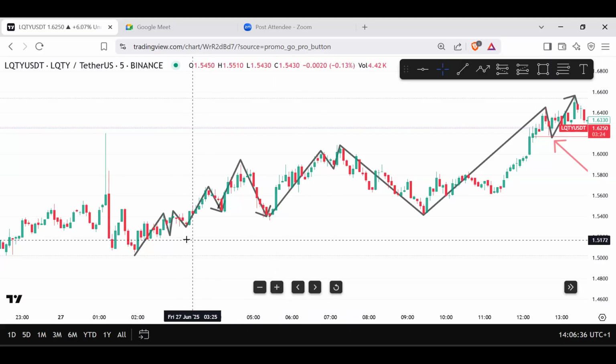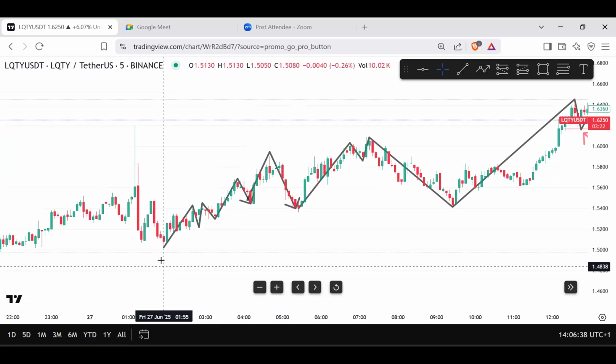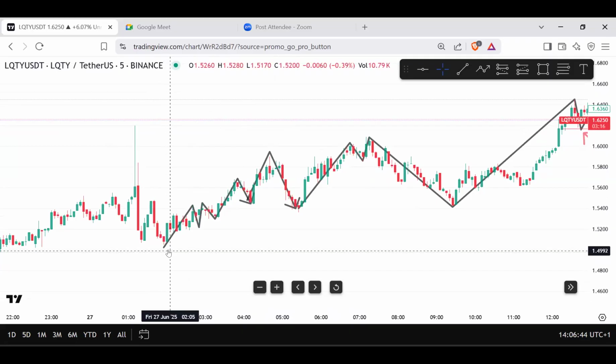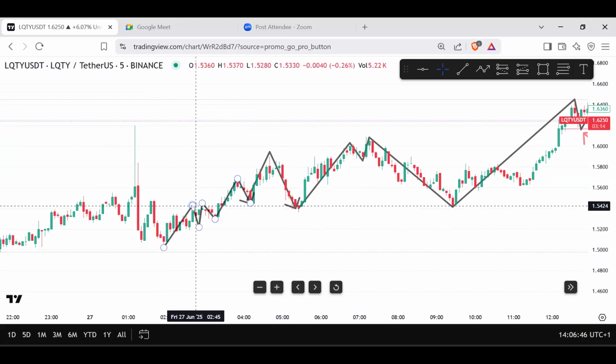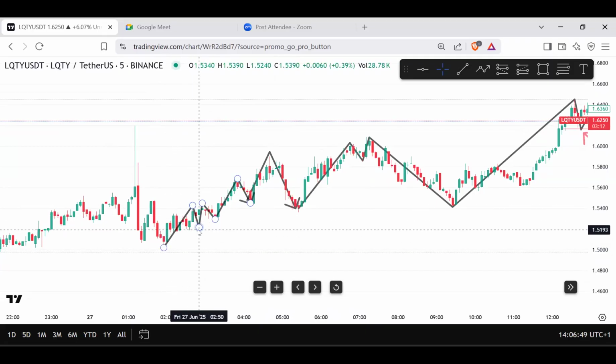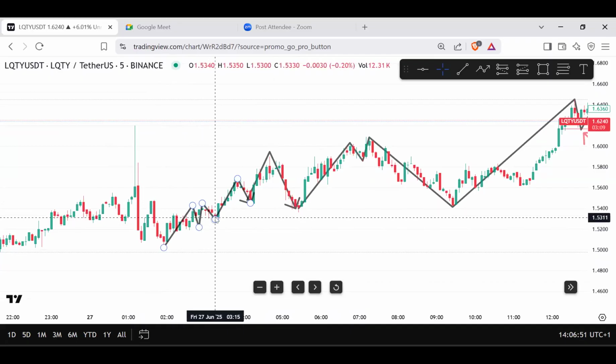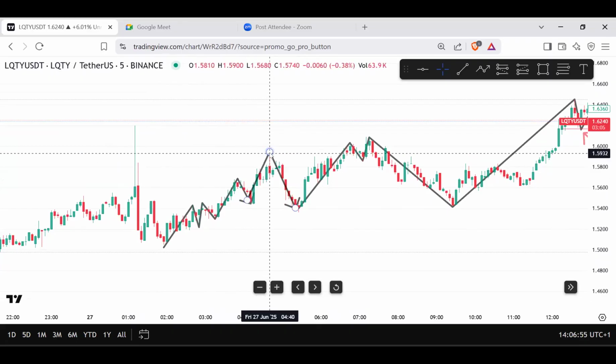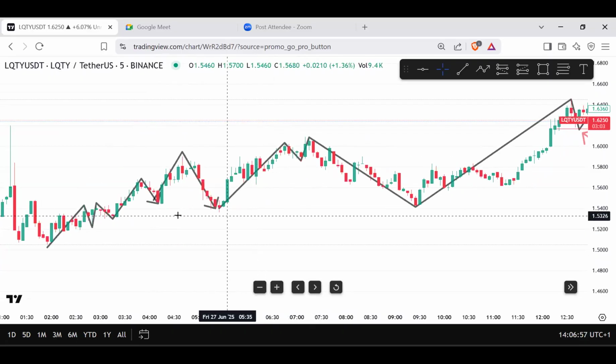If you look at this, the move started now. It formed this valid pullback, then formed the next one.